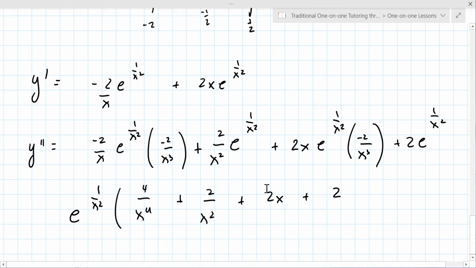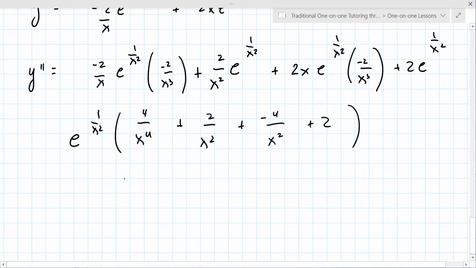Oh, I'm sorry, I missed this one. This one is negative 4 over x squared, plus 2. Like that. Okay. So these two actually combine. These make negative 2 over x squared.